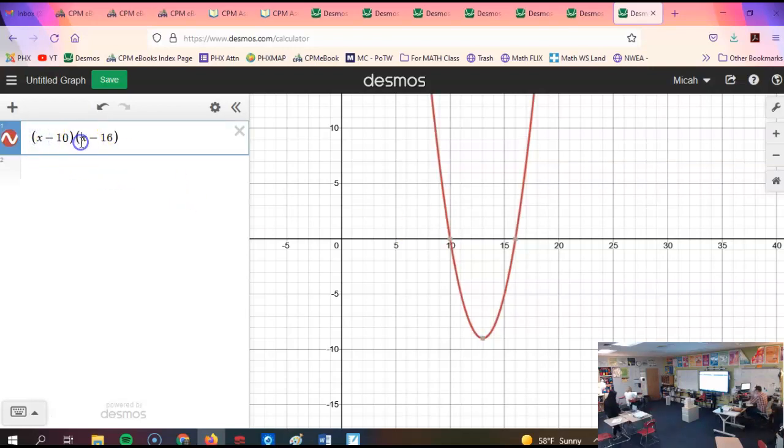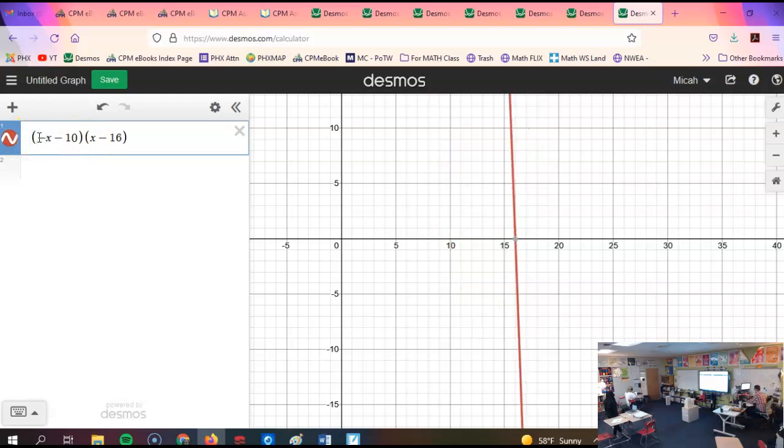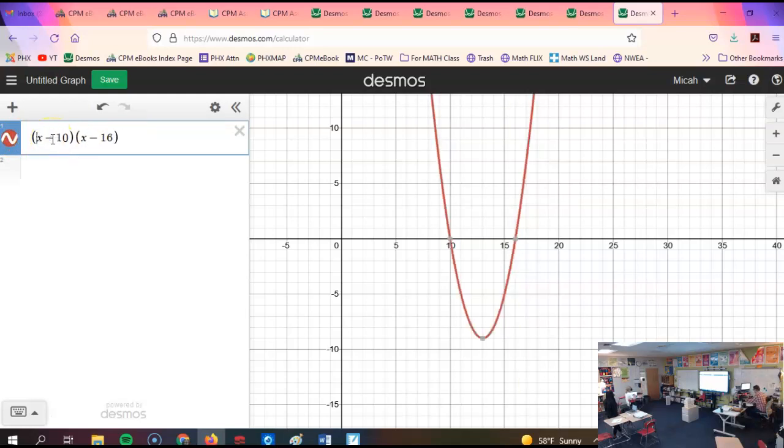Is there another way that we could make the function negative? Oh my goodness, that didn't work. Hey, I found it. I found 2 ways to do it. X minus 10 times negative x plus 16. That works. So you made this negative, but then made this positive.